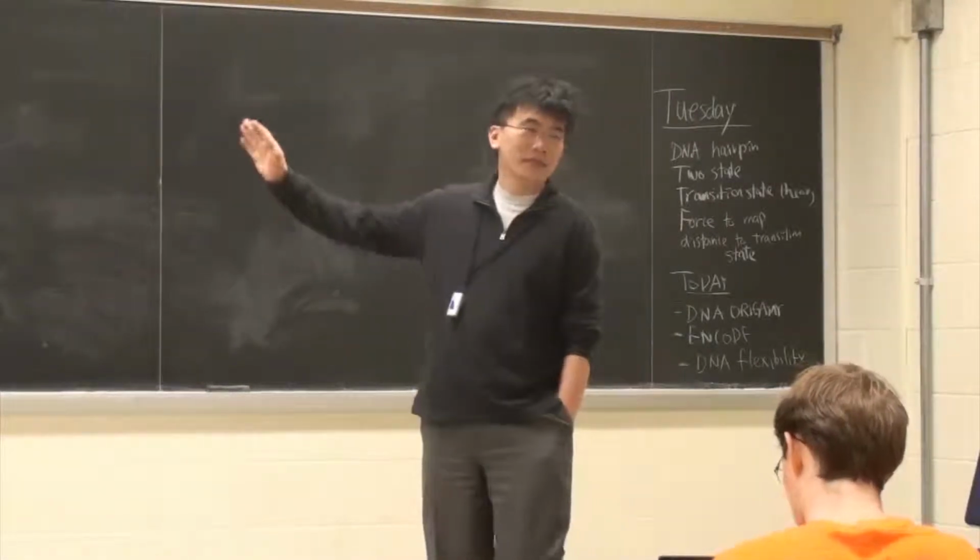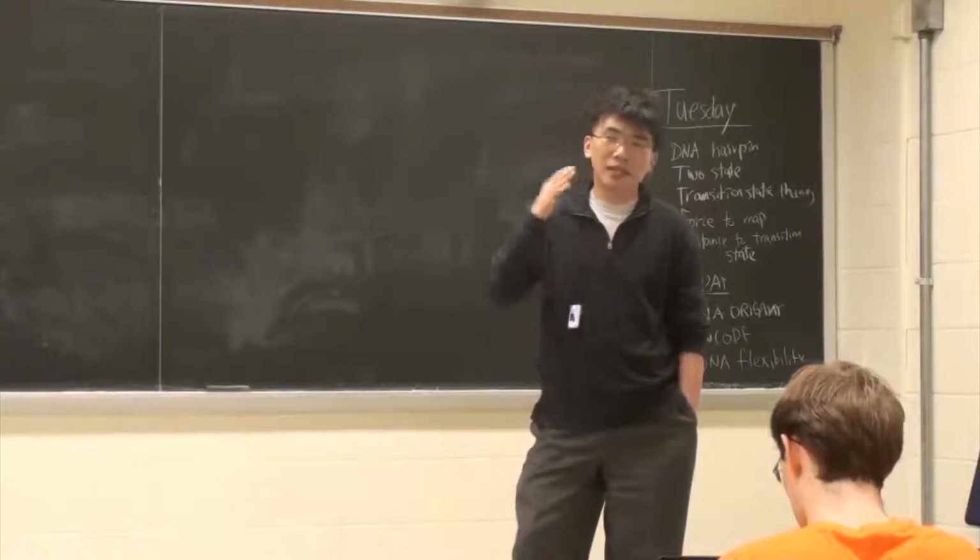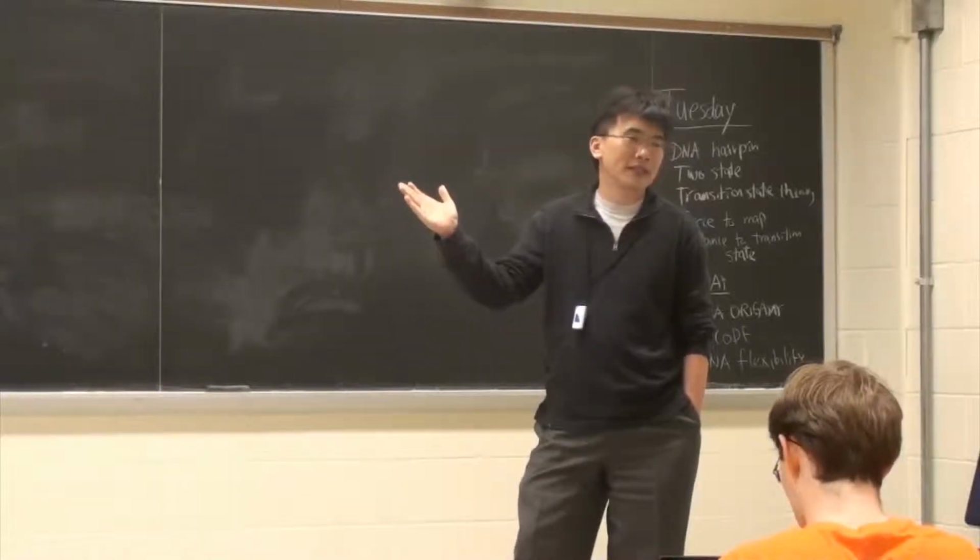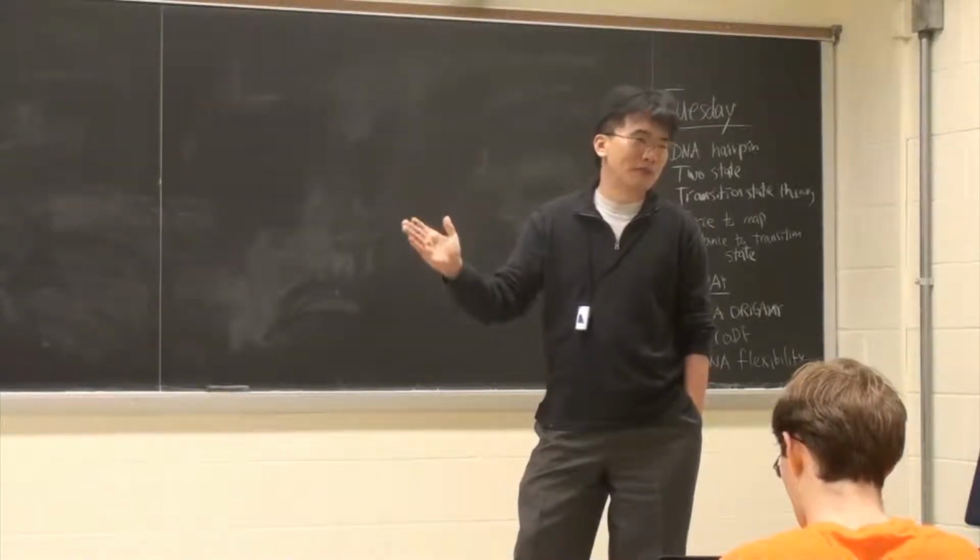So that is the simplest model of a polymer. It's basically a random walk. It's a random model, right?